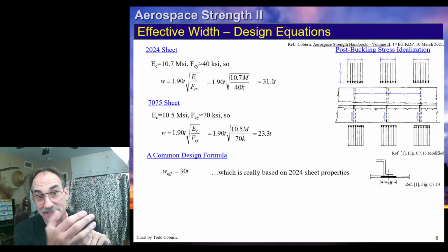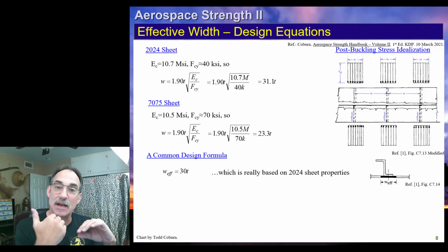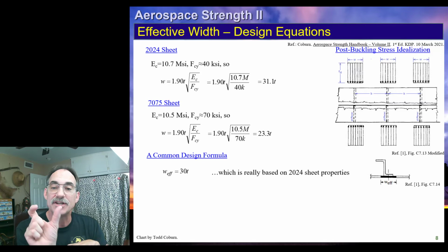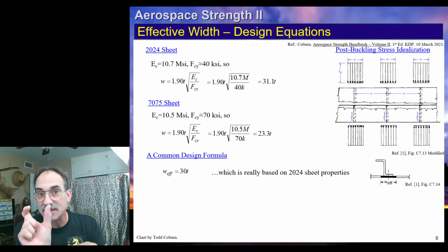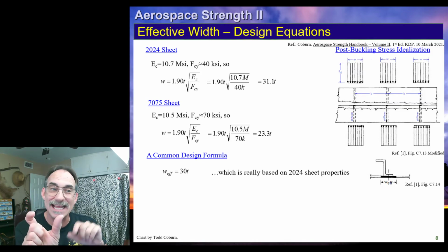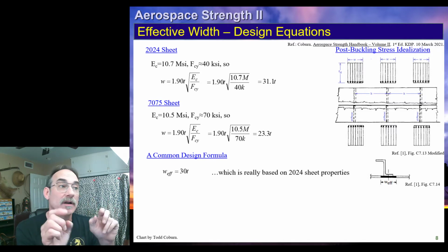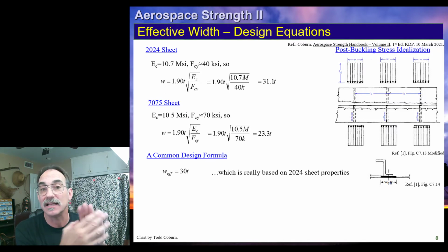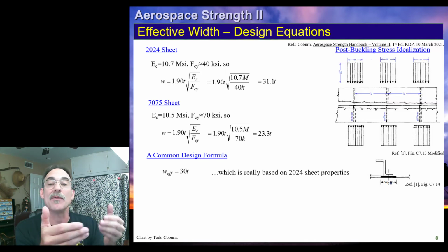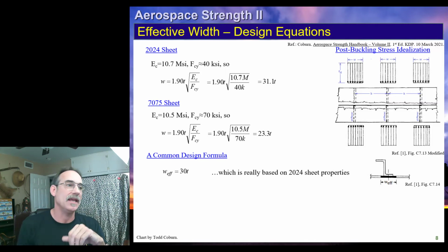So if we have a stringer like the Z stringer, fastened with a single line of rivets, we could assume about 30 times the skin thickness is how much width we're going to get acting with the stringer as one, and that would support the buckling allowable of that stringer. This is how this equation comes into being. Got it?